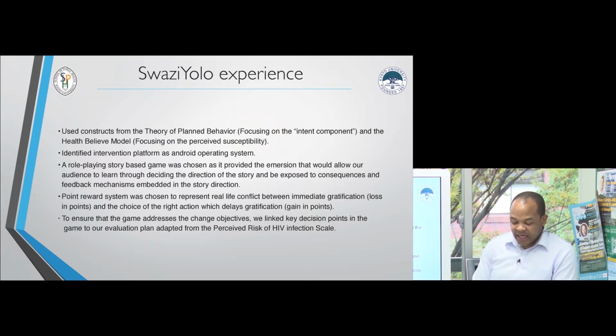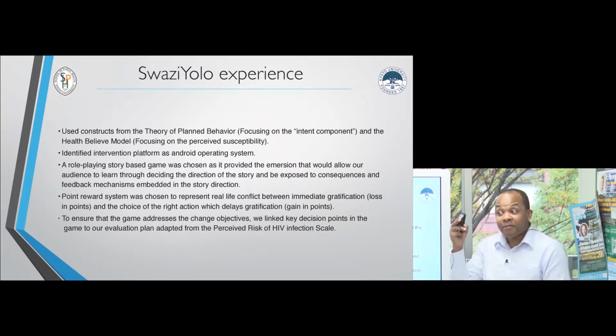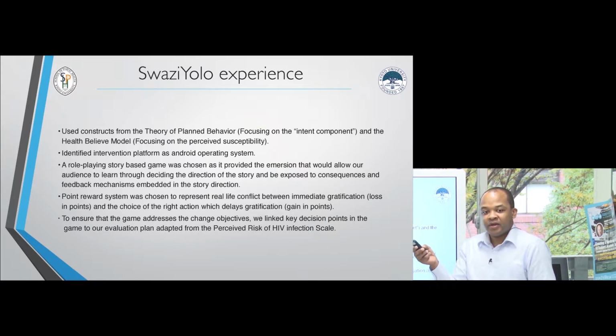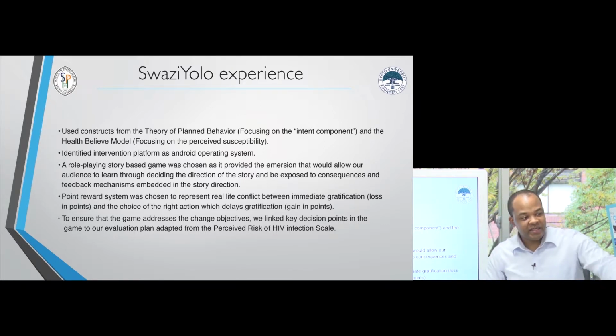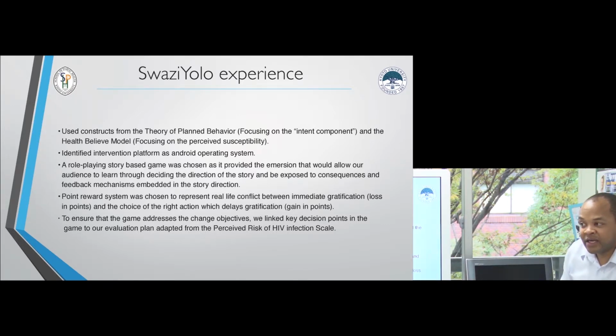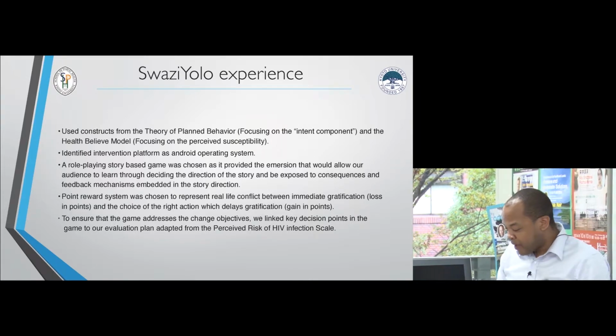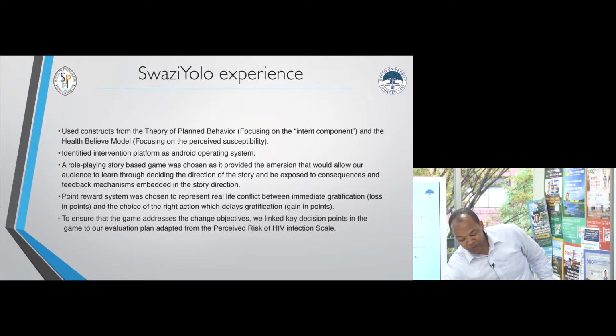So we linked key decision points in the game to our evaluation plan. So this is also a very important component because the evaluation step is at the end, right? But the beauty of this model is that you don't start evaluation here. You don't start thinking about evaluation here. You finalize evaluation at this stage. But all throughout the process, you think about evaluation.